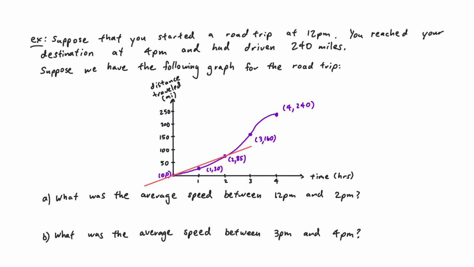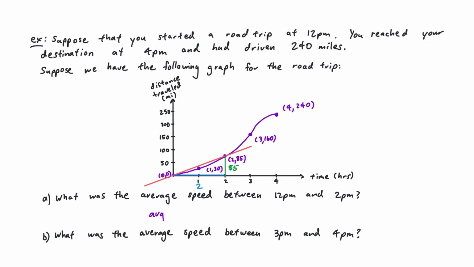And once again, the slope of the secant line is the average rate of change between 12 p.m. and 2 p.m. So let's figure out the rise and the run for the secant line. The run would be how much we go across, which is 2 units long in our picture, and the rise is how much we go up. Since our point here is 2, 85, we go up 85 units.